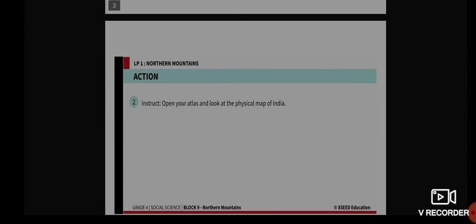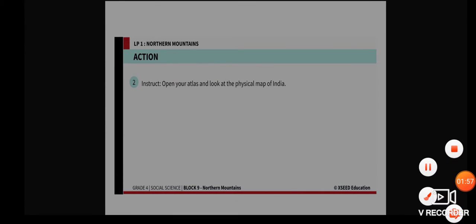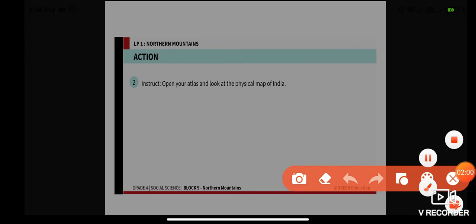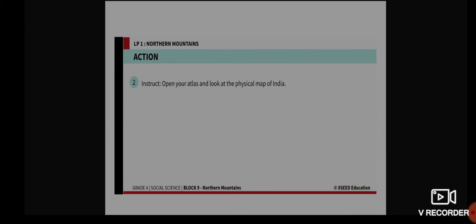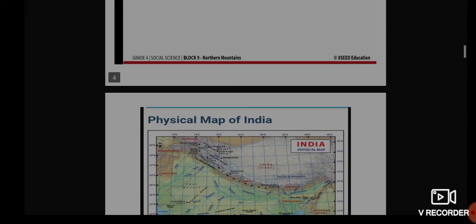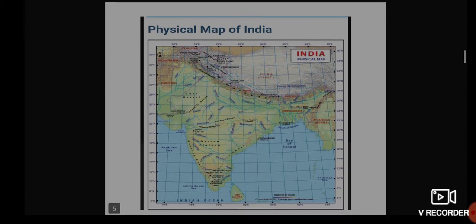Let's get started. Open your atlas and look at the physical map of India. For those who don't have the atlas book or a physical map of India, I will show you one.